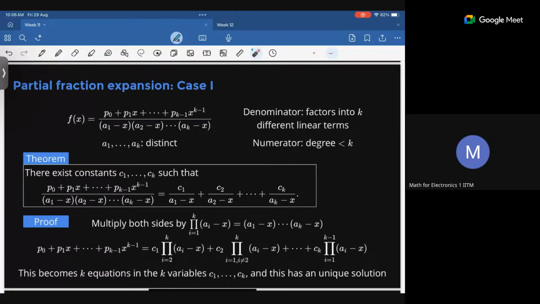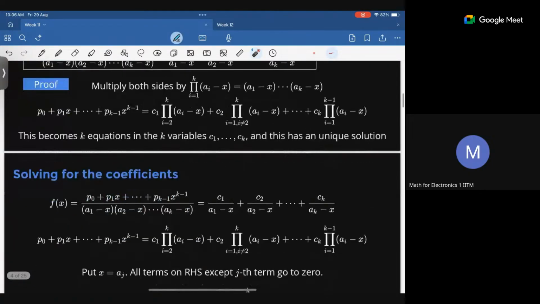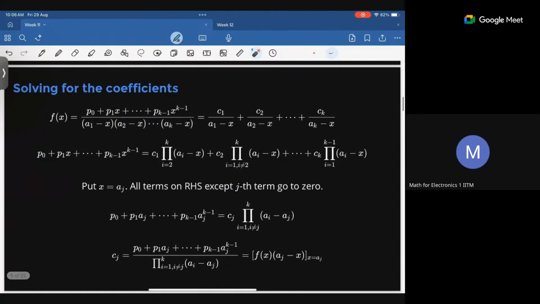Okay, so this can be proven. I think proofs are not necessary right now, but how do we find these c1 to ck's? That's the main concept now. So how to solve for the coefficients? One simple thing is you cross multiply, taking this denominator to the right hand side and multiplying with these k terms. What will you get when you multiply?